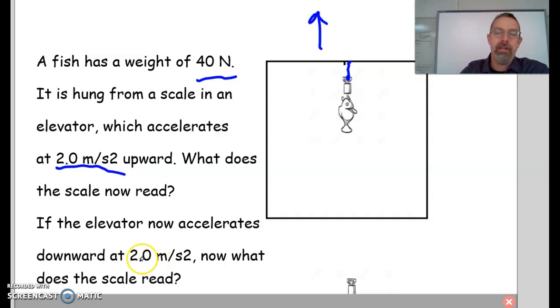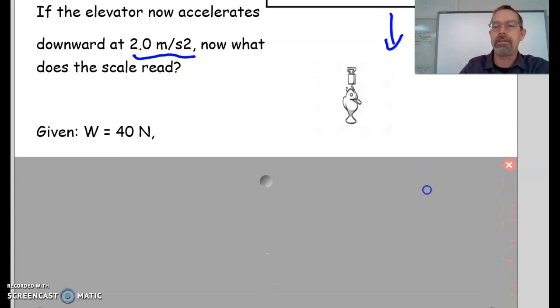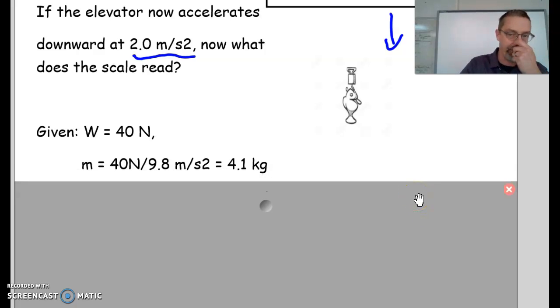Okay, then let's put a twist on it. Let's say the elevator accelerates downward at 2 meters per second squared. So what's going to be happening there? So here's our situation. We're going to draw a free body diagram of this puppy. It has a weight of 40 newtons.